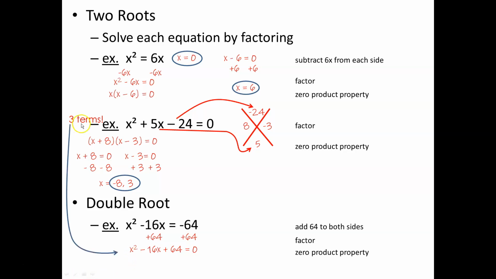Oh, look, it's again 3 terms. 1, 2, 3. So we're going to make our x, and the 64 goes on top. Negative 16 goes on the bottom. And let's think of 2 numbers that multiply to 64 and add to negative 16.